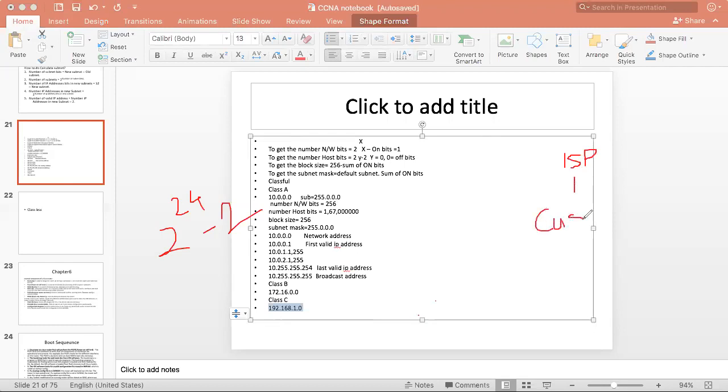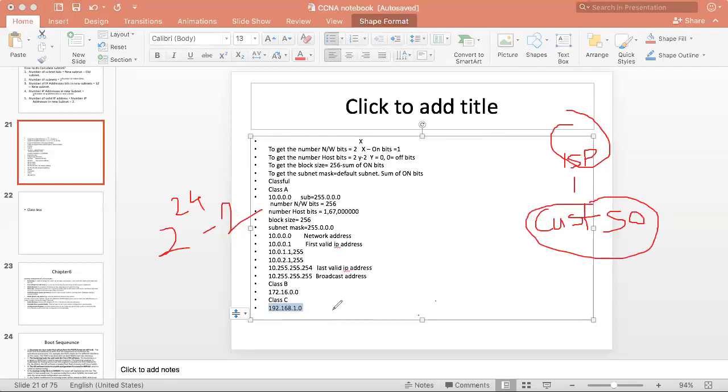Now assume that this customer needs only 50 valid IP addresses. Since the requirement is 50, what will the ISP do? The ISP will give one of the networks, maybe 192.168.1.0, 2.0, or 3.0, to this customer, right? Now this customer will use 50 IP addresses.